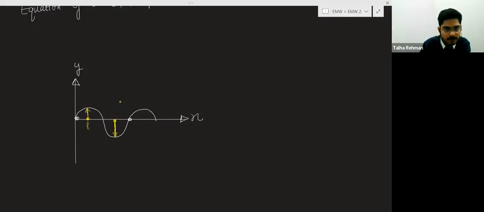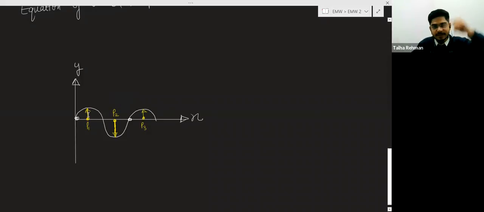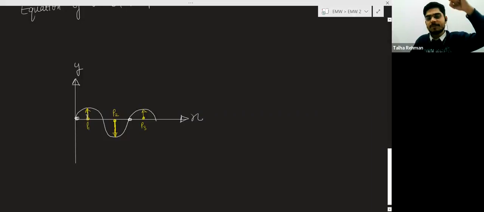This is particle P1, this is particle P2. There will be another particle here, P3, which will oscillate in the upward direction. Right now, this particle is going in the upward direction, the positive y direction.